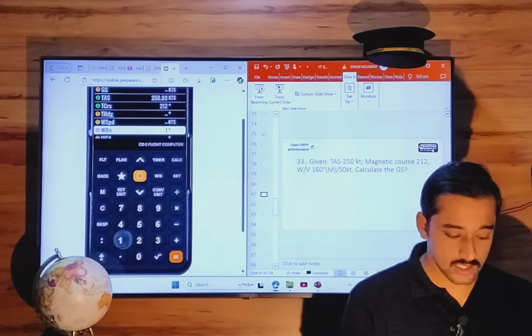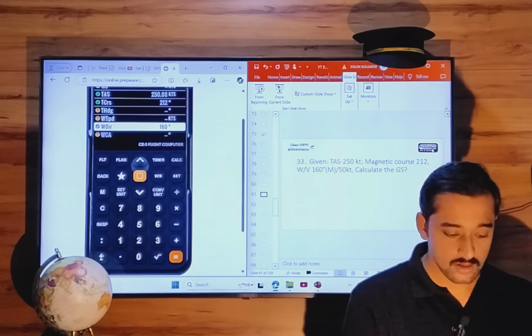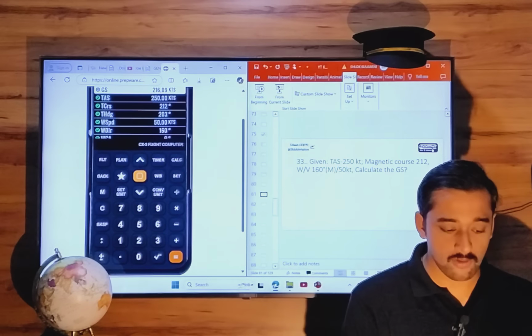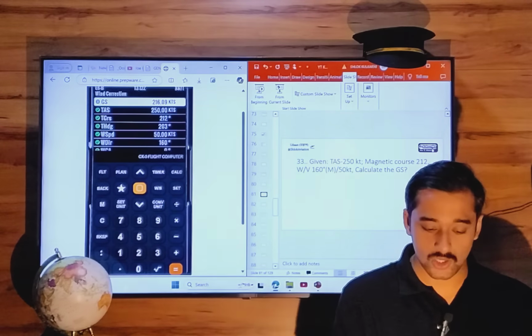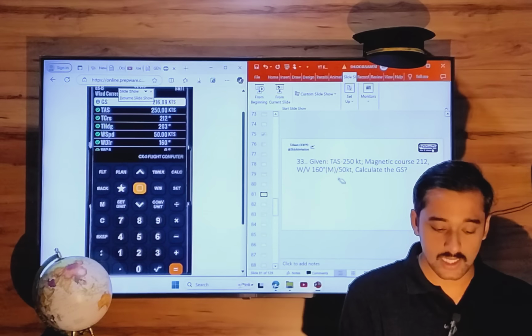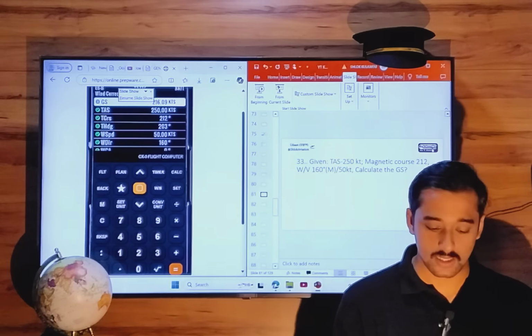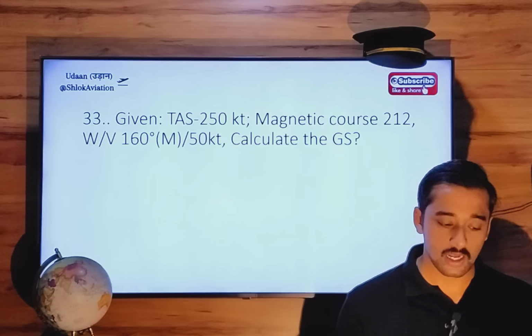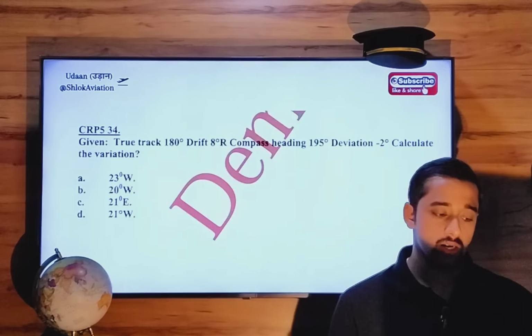Winds 160 at 50 knots. So ground speed will be equal to 216 knots. Next question.